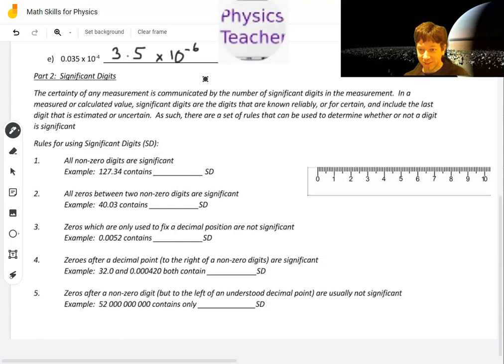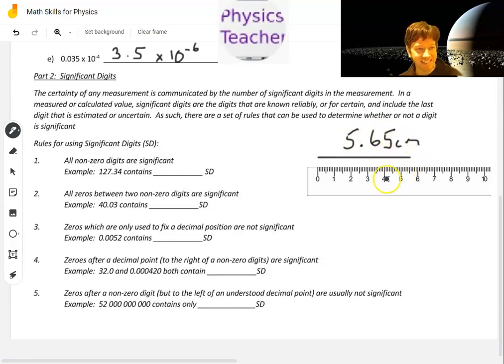So here I have a ruler. Now let's say I have a line, just a straight line from here to here. And I wanted to measure the length of that line. I might look at the line and say it's 5.6, 5.7, maybe somewhere in between there. Let me go with 5.65. There you go.